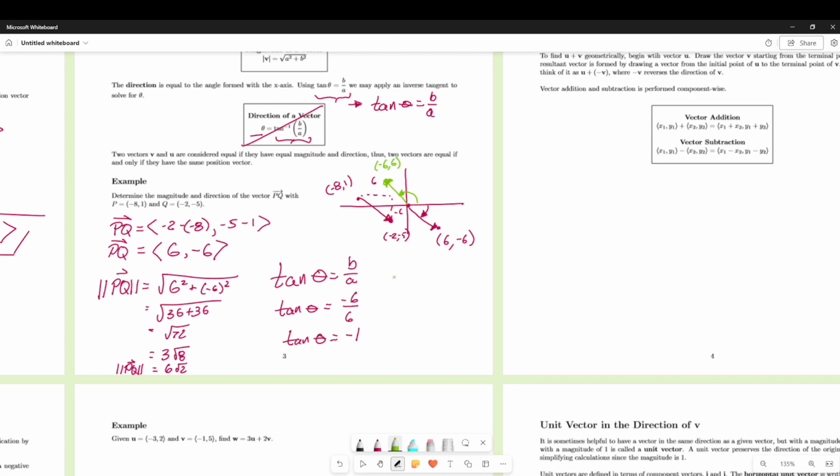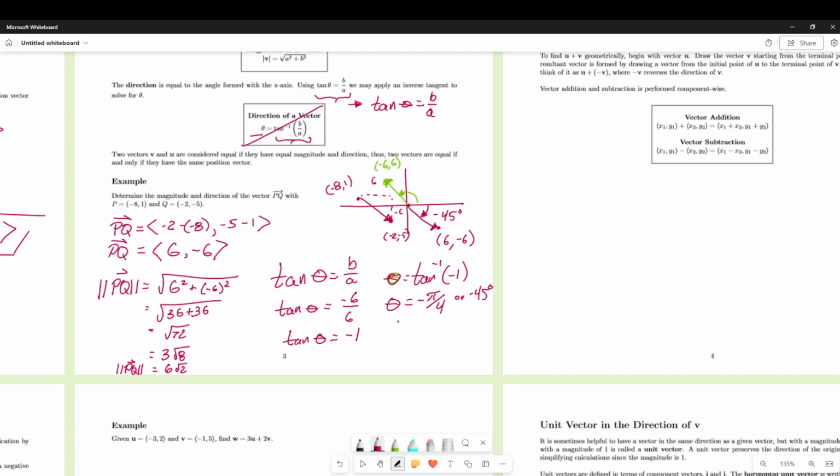Now, the nice thing is, when we take the tan inverse here, tan inverse of -1 is going to naturally give us -π/4, or -45 degrees if we're in degree mode. So it's going to give us this -45 degrees.